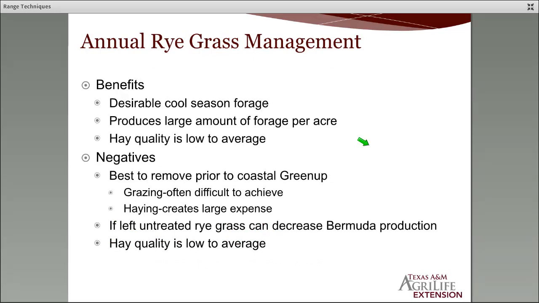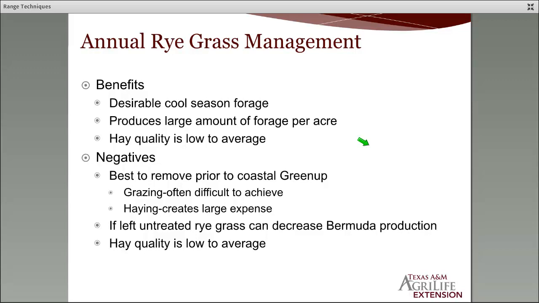One area where we have done a lot of testing is on annual ryegrass. And I realize annual ryegrass, lots of people have mixed feelings about. Some people love it, some people hate it. If you look at the slide, you'll see some benefits, you'll see some negatives.